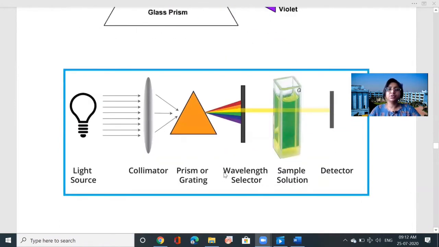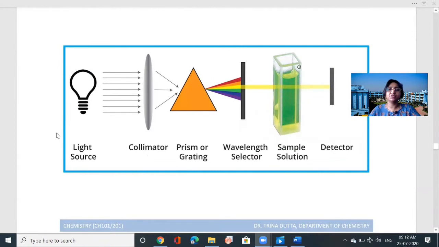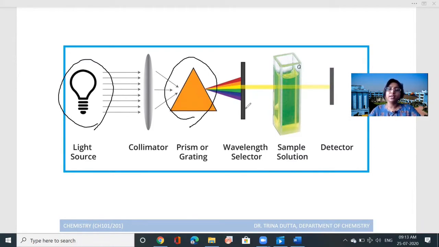Now how does it work? This is the source of light, and the radiation goes through the collimator. When it passes through the prism, we get the rainbow colors. If it is monochromatic radiation, then through the slit we get only one radiation.